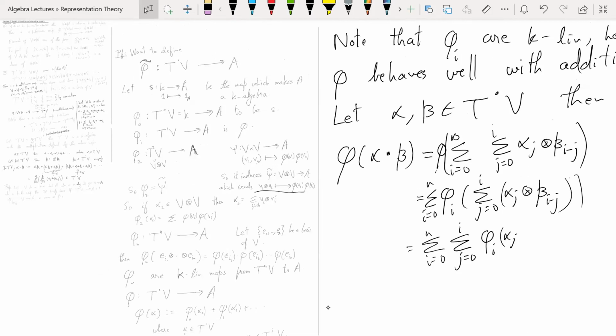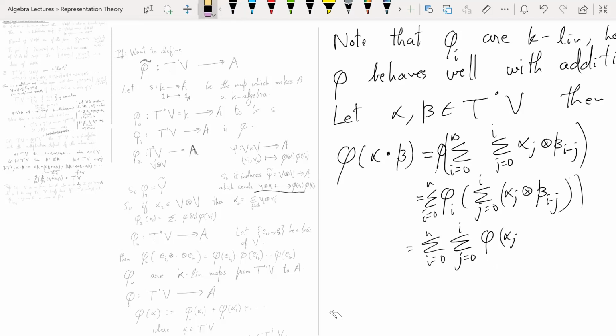If it were two terms, it would be easier. So maybe check this. But it works out. So this is phi j of alpha. Okay, maybe not. So let's do it in two steps.